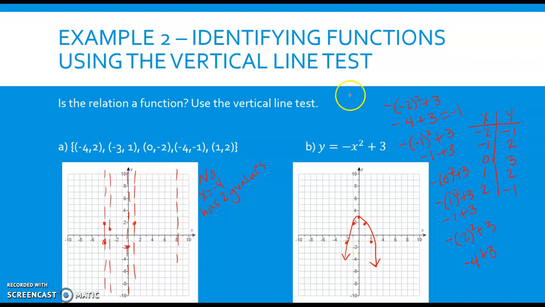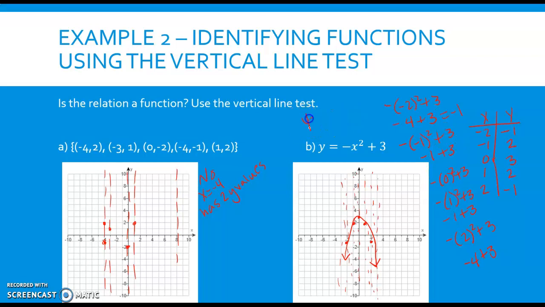Okay, so I do my vertical line test, and I check that each of these x values only crosses my curve in one spot, because it's technically a parabola. It only touches my curve in one point. And because every x value has exactly one y value, this is a function.